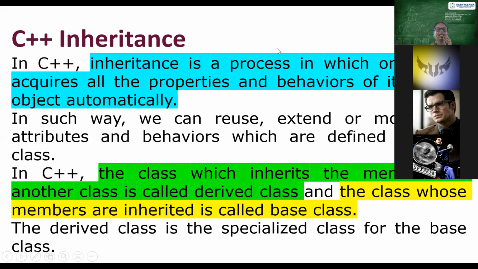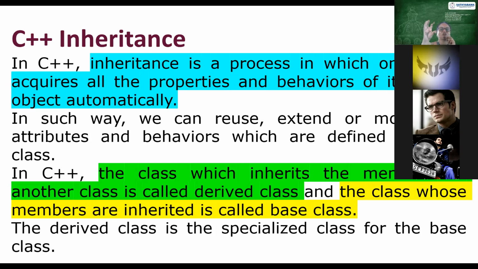In the same way, when the members of one class are inherited by another class, it is called a derived class, and the class whose members are inherited is called the base class. We have two classes: one is the base class and another is the derived class. We all know base means parent class. Derived class means child class.